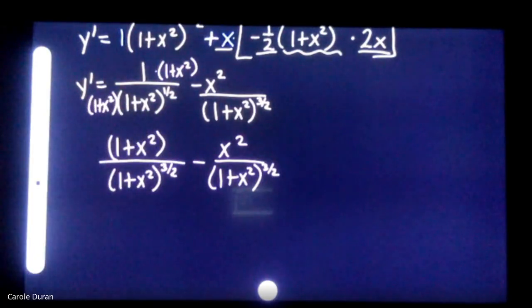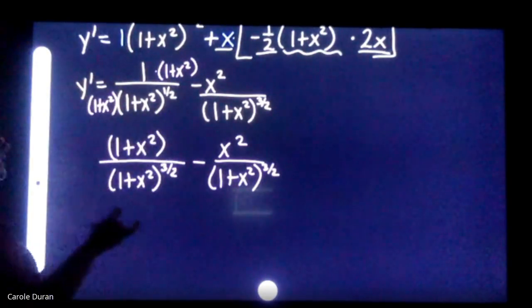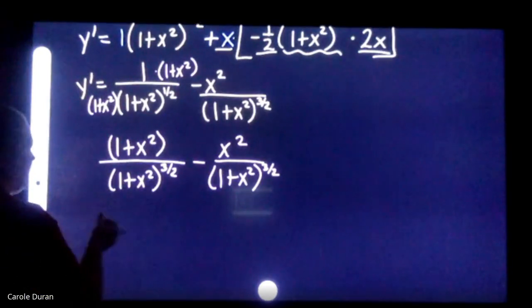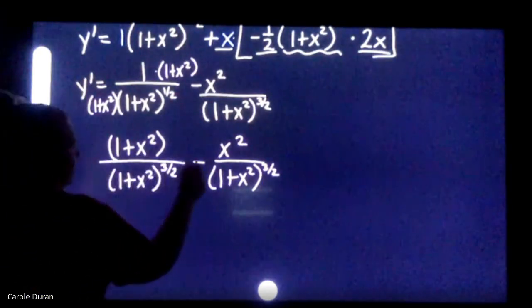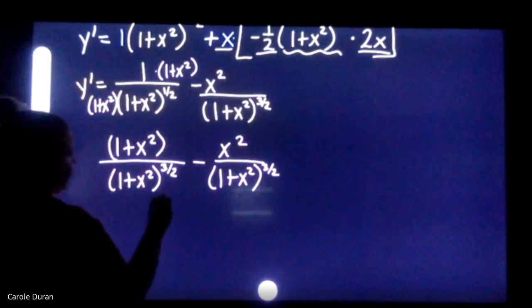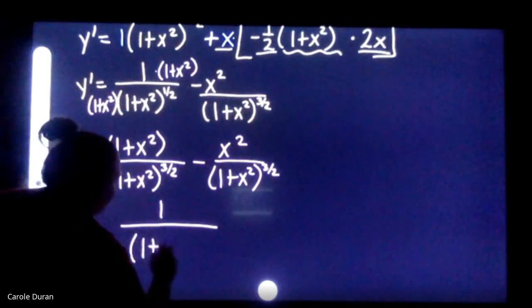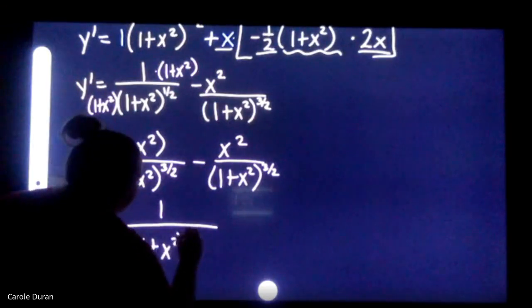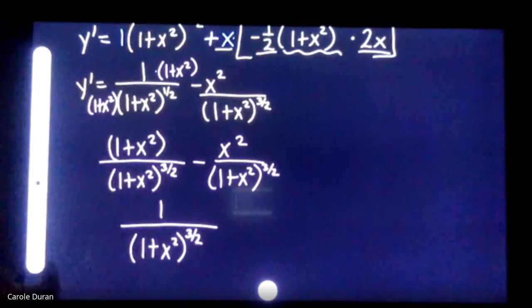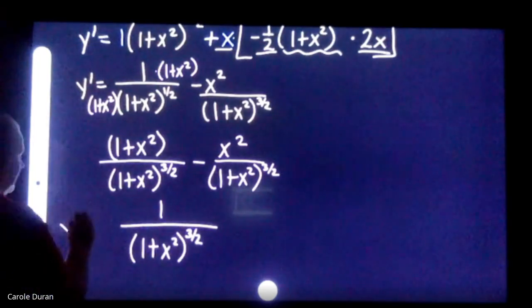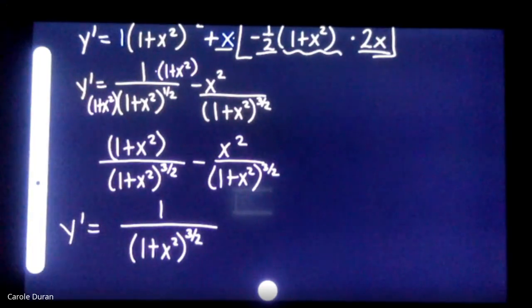Since I now have the same denominator, I can combine the numerators and put it over that common denominator. 1 plus x squared minus x squared just leaves me with 1, because the x squareds cancel out, over (1 plus x squared) to the positive 3/2 power. And that is my derivative. And let me just tell you, if you had done quotient rule, it would have taken twice as long to solve this problem.